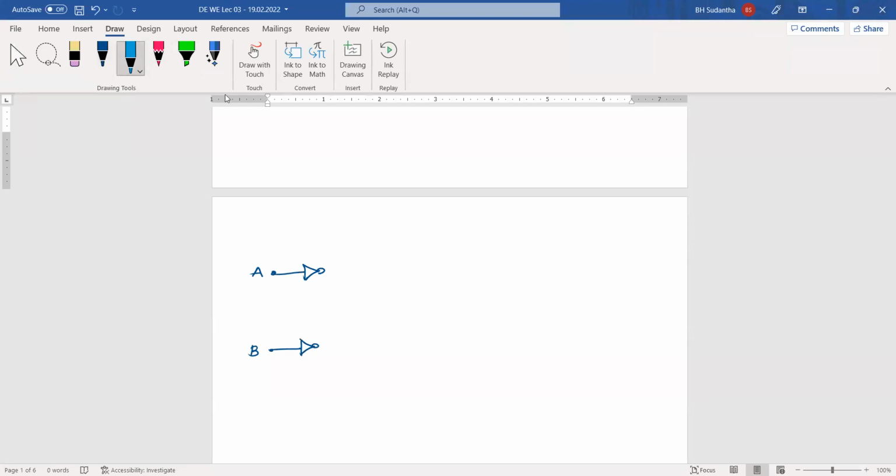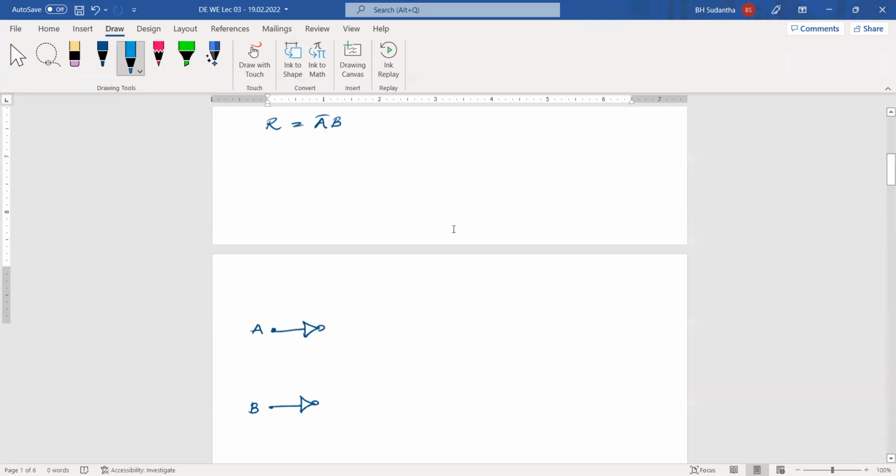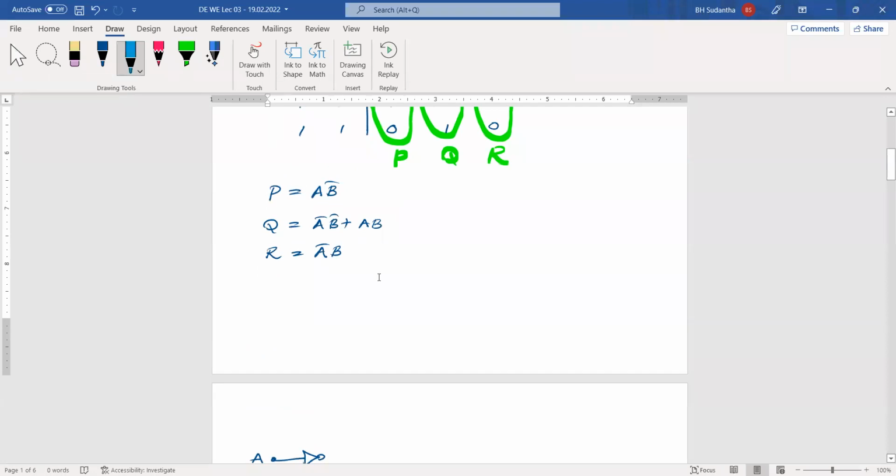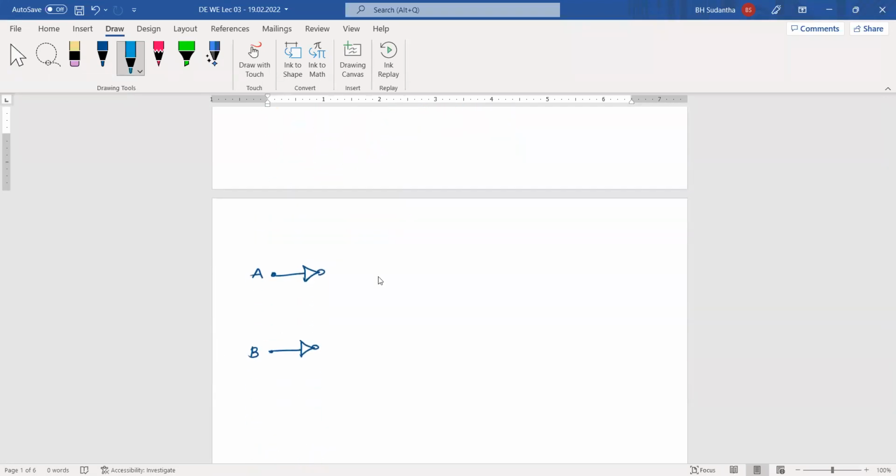Then we can draw the first one, A B bar. This is A and this is B bar. Okay, this is P. P means A greater than B.